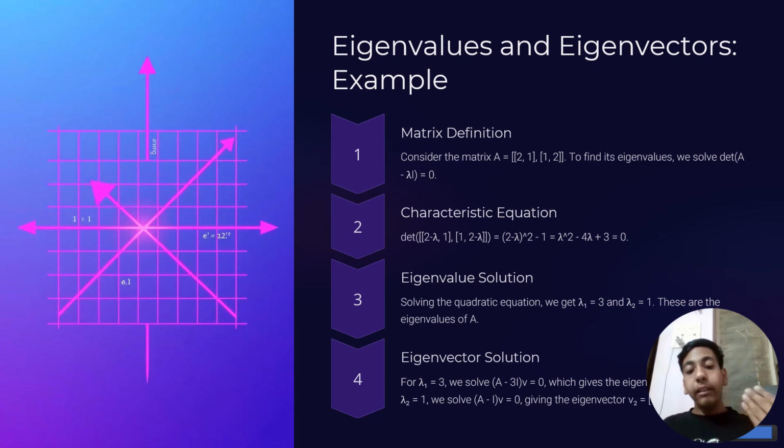Then we can jump to eigenvectors. Once we have considered the eigenvalues, we can find the eigenvectors. In this PPT, we can find lambda values, which lead to the eigenvectors. First we have to find eigenvalues, then we have to find eigenvectors.